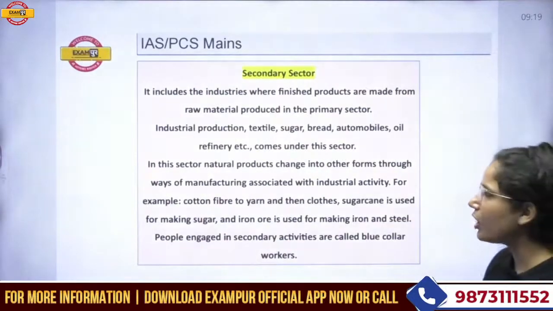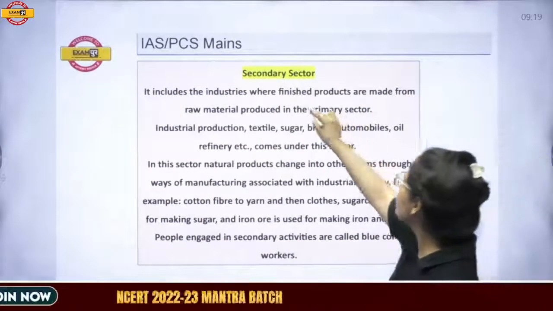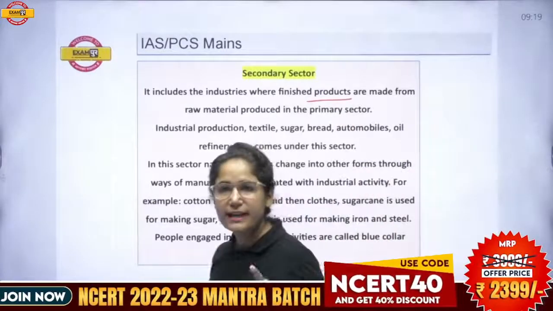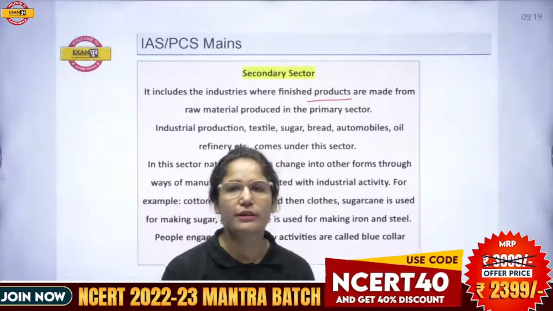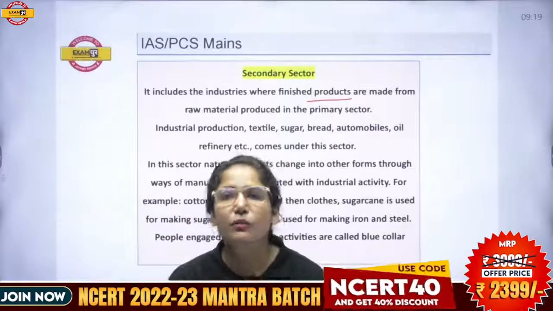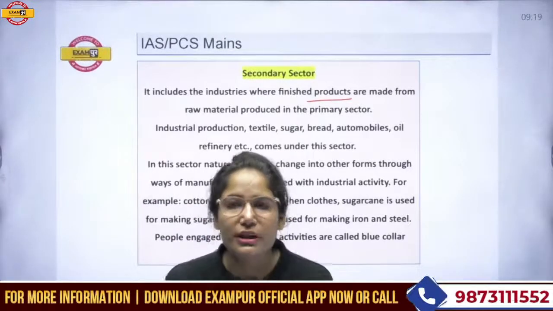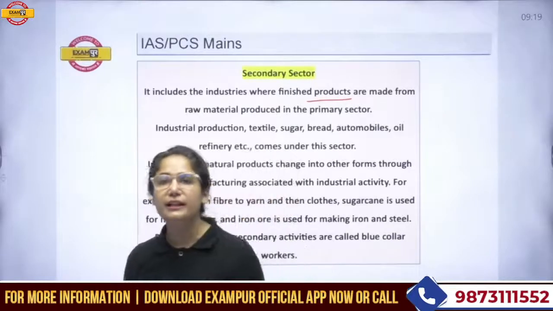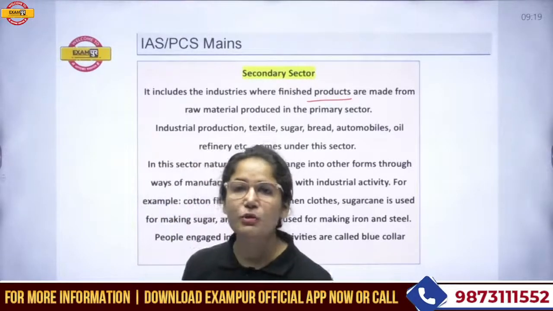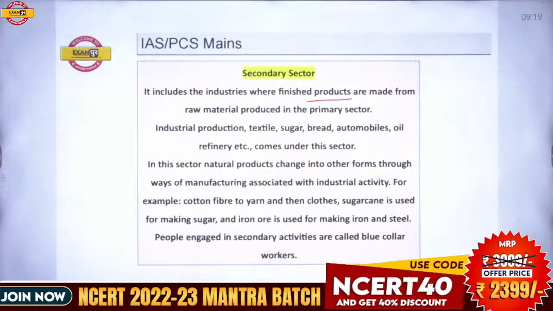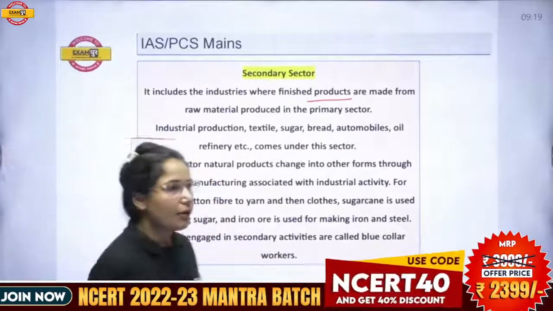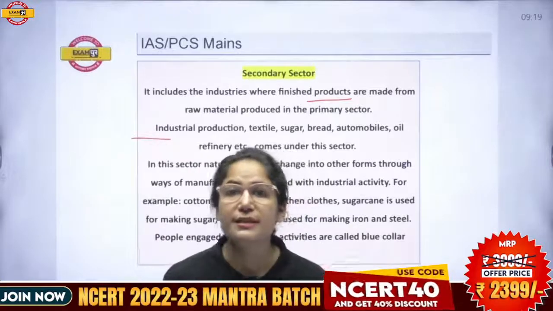Secondary sector, if we talk about it, includes the finished products. This is the task given to the industrial sector or the secondary unit, that you have to convert the raw materials into the finished format so that it comes in a condition usable by people. For example, in the textile industry, are we in a condition to use just the cotton?